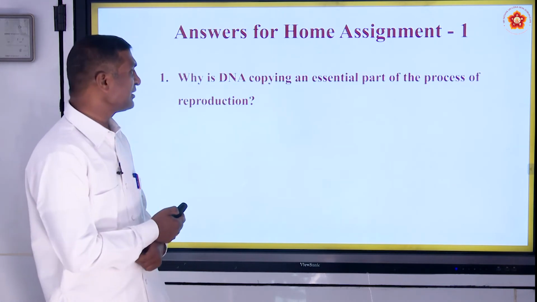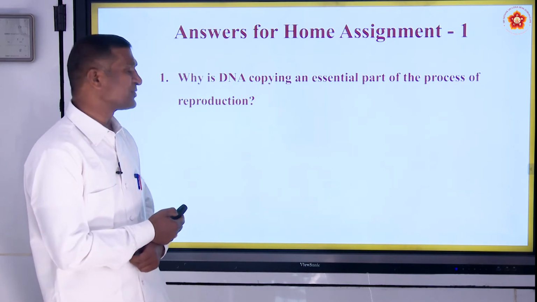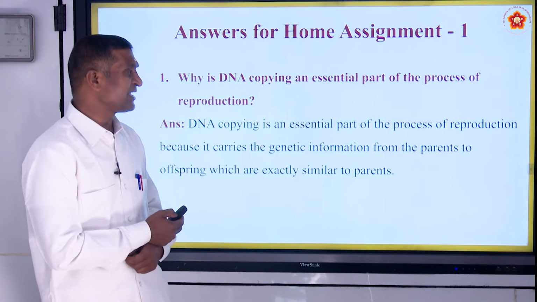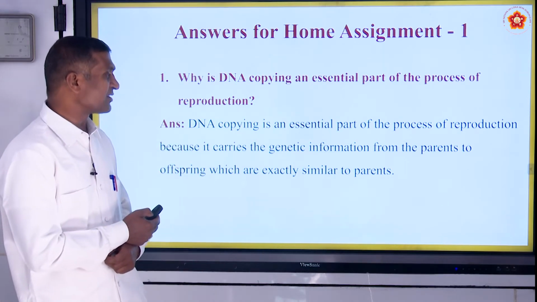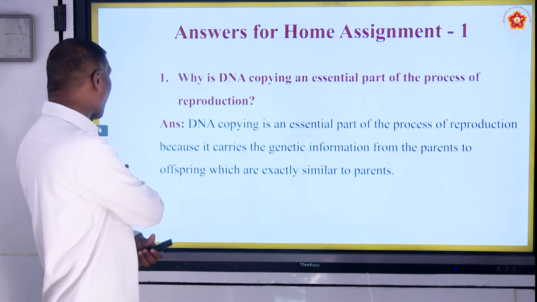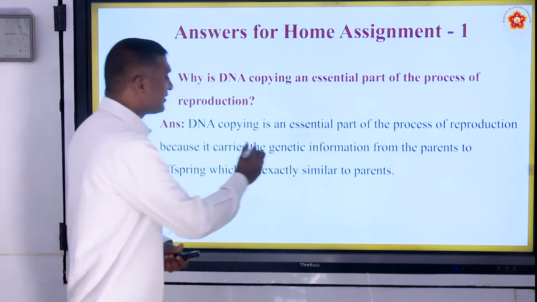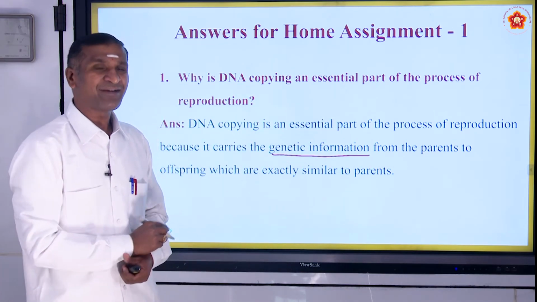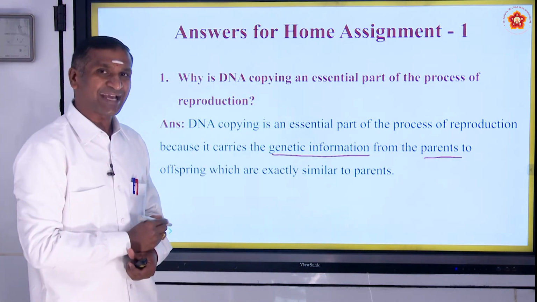The first question: why is DNA copying an essential part of the process of reproduction? It is very essential, as DNA plays a major role in reproduction because it carries the genetic information from the parents to the offspring. Since the DNA carries the genetic information from the parents, to where does it carry it?